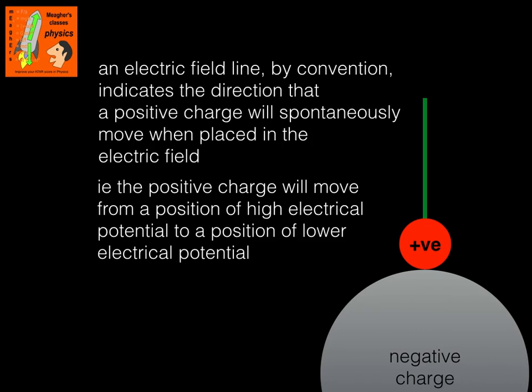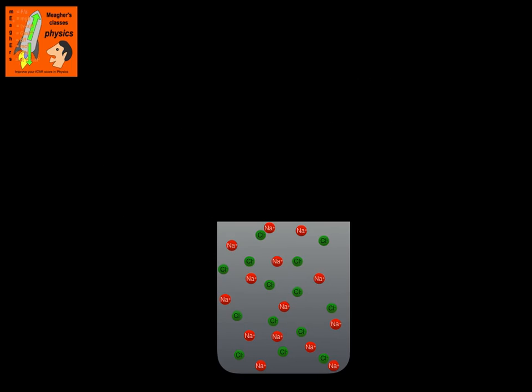Okay, now what does this mean in terms of currents? When we've got one charge moving, it's really just one charge moving. But when you've got multiple charges moving and they're all moving in the same direction, we can say there's an electrical current flowing. So I'm going to have a look at an example of a salt solution, a sodium chloride solution. Now when the sodium chloride dissociates in water, you have separated ions. I have oversimplified it because they are surrounded by water molecules and you have these spheres of hydration around them.